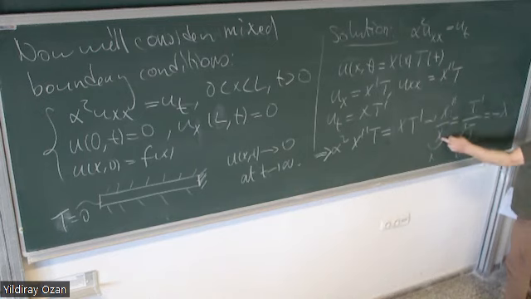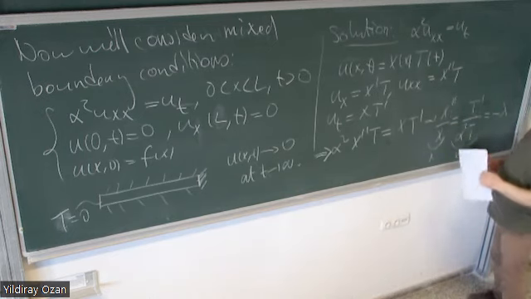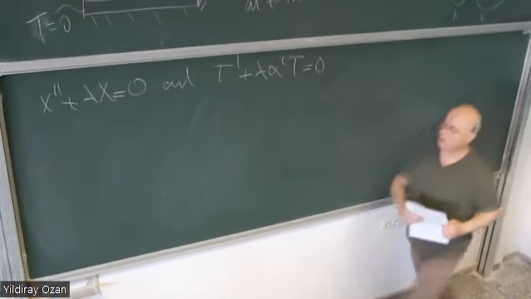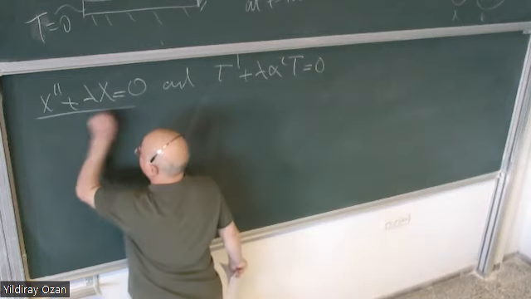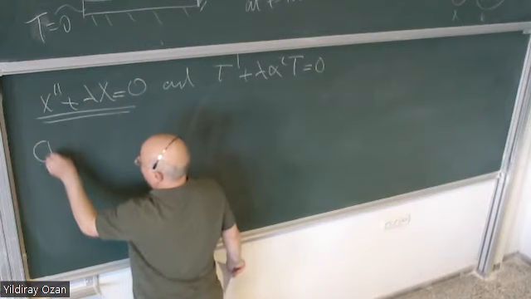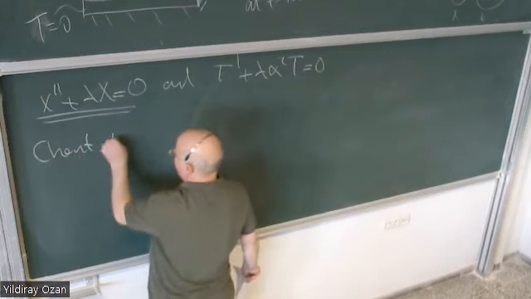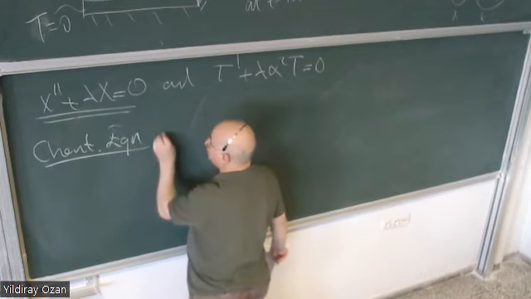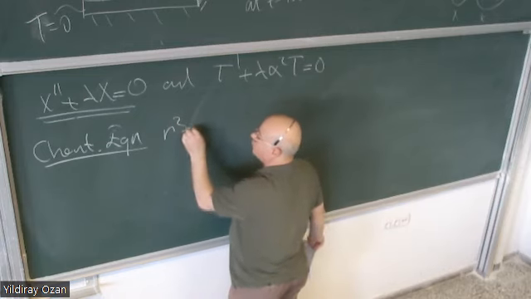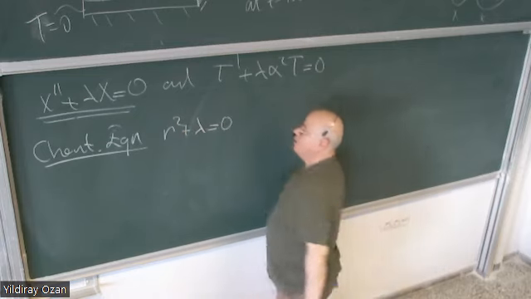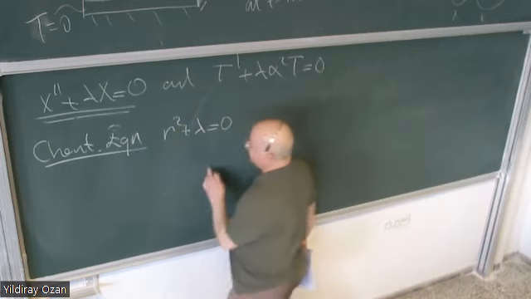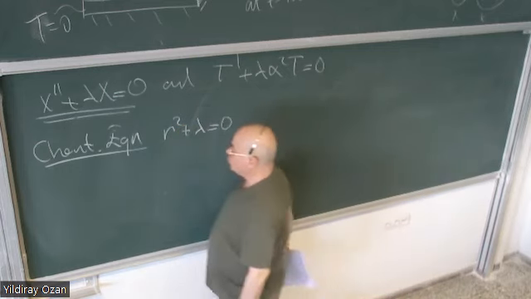So X'' is equal to minus lambda times X. I collect all the terms on one side, so I get this equation. All right, now let's concentrate on this one. Its characteristic equation is r squared plus lambda equal to 0. So we have cases as usual.